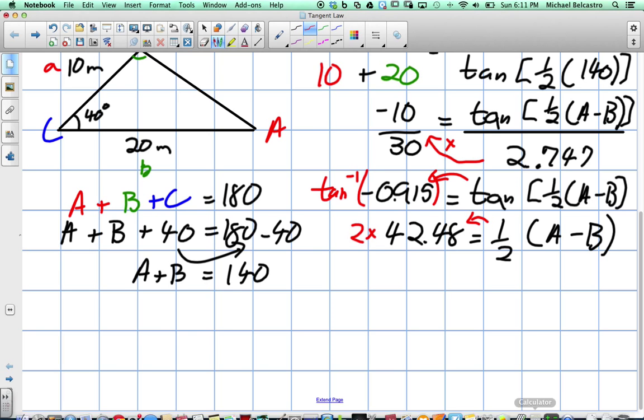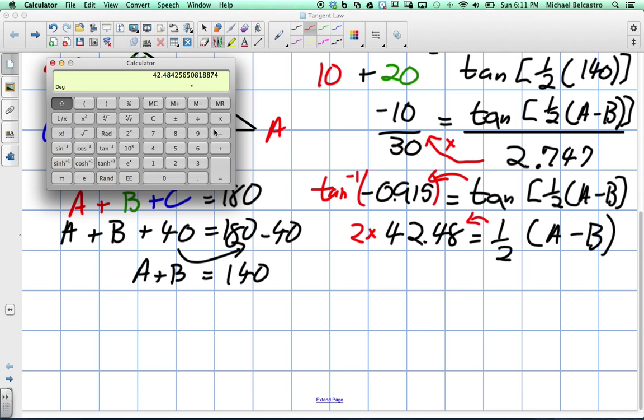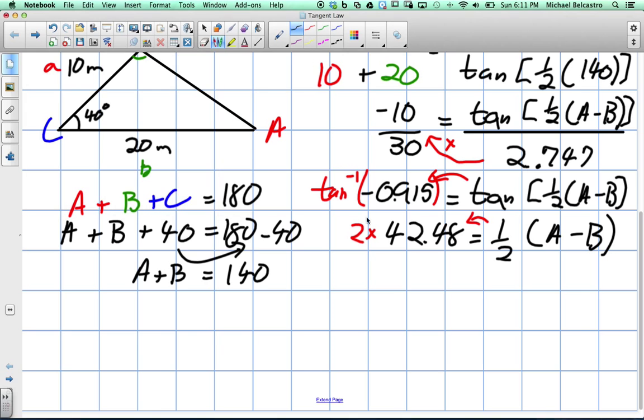So we're going to multiply that value by 2, and we get 84.968. So 84.968 is equal to A minus B.